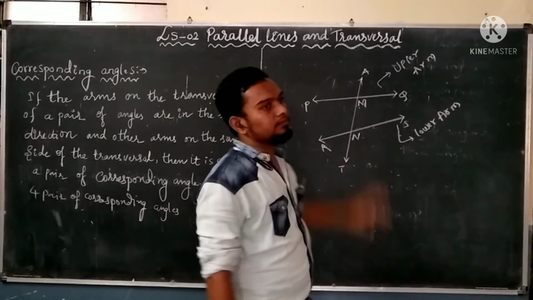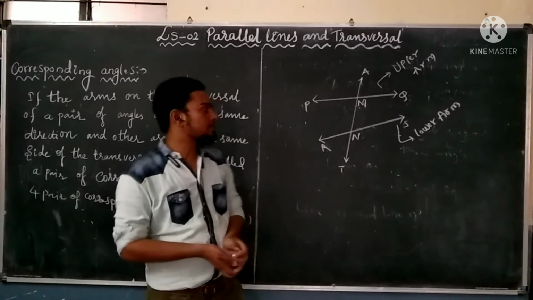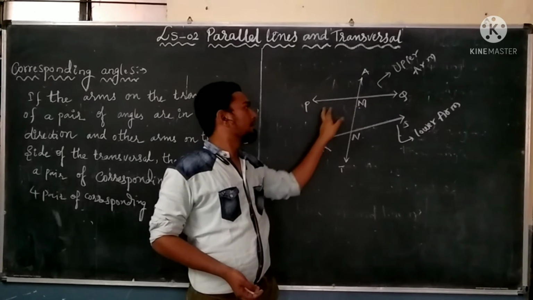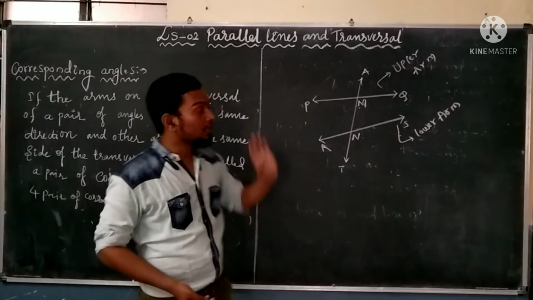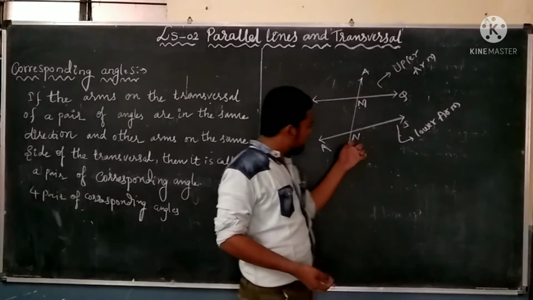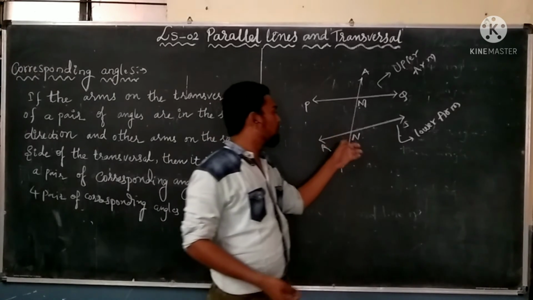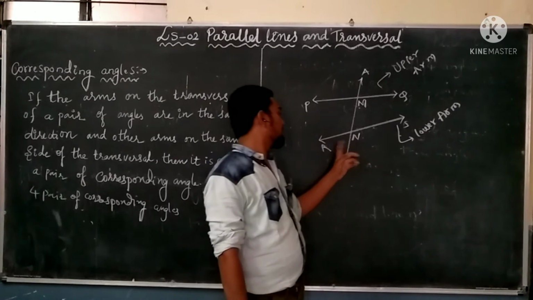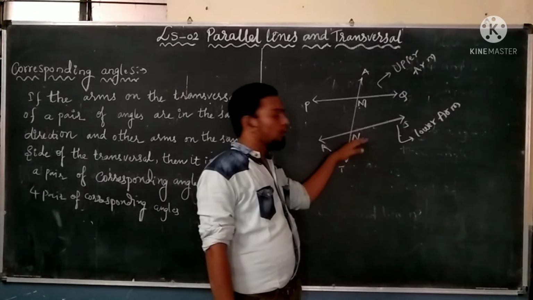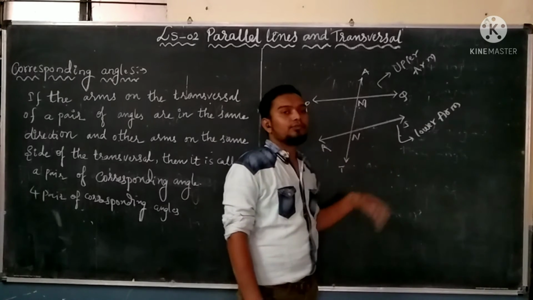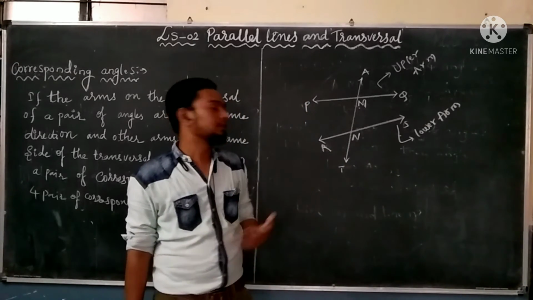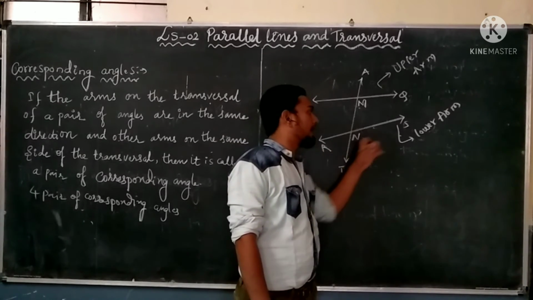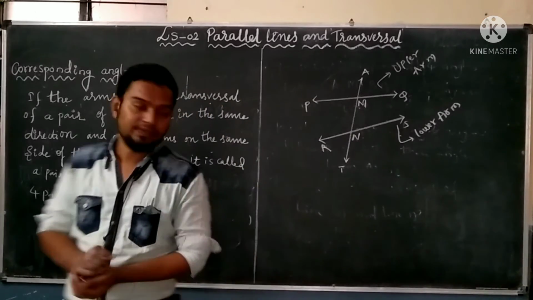Point M is formed by 4 angles, that means the upper arm is formed by four angles like A, P, M, Q. Next, in lower arm, four angles are formed.